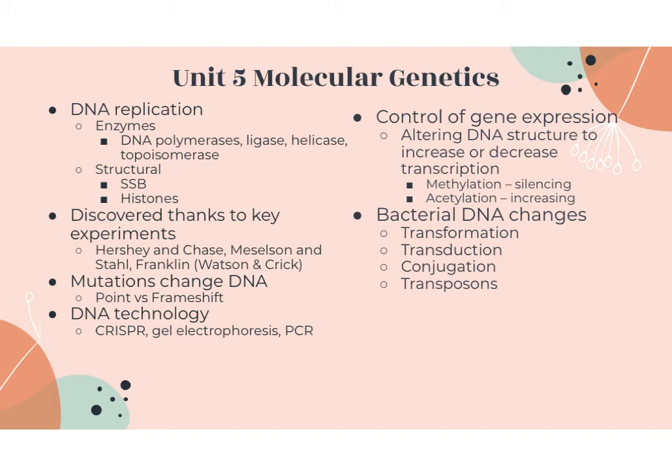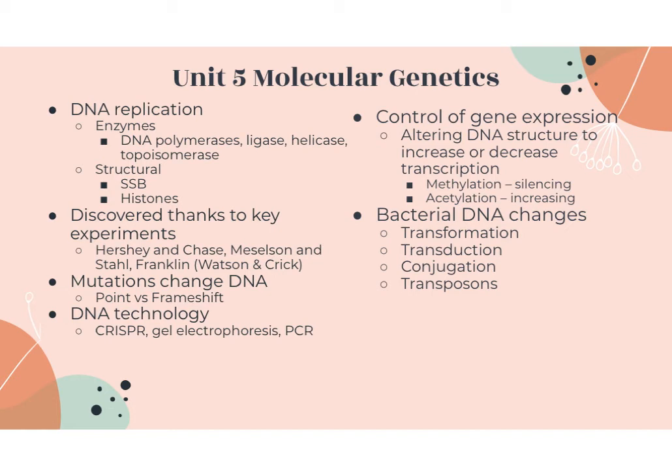You have helicase, which opens up the strand of DNA by breaking the hydrogen bonds between the nitrogenous bases. And you have topoisomerase, which is used further down the strand of DNA to prevent supercoiling and to remove stress from the unwinding strand.